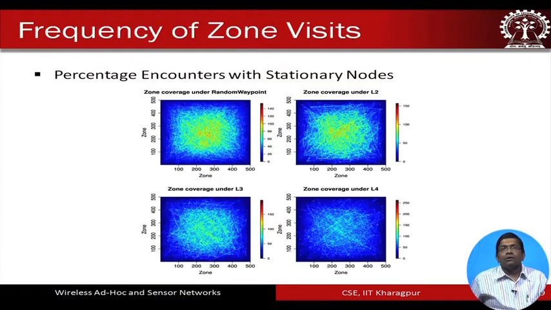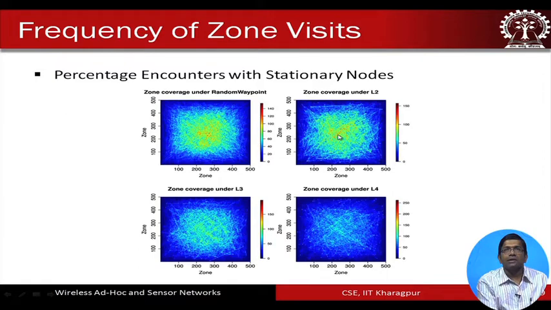Another important observation was that by adopting the schemes L1, L2, L3 and L4, we get a better frequency of zone visits compared to RWP. In RWP, as we can see from this heat map, the tendency of the nodes is to come towards the center, so the center has more frequent visits.